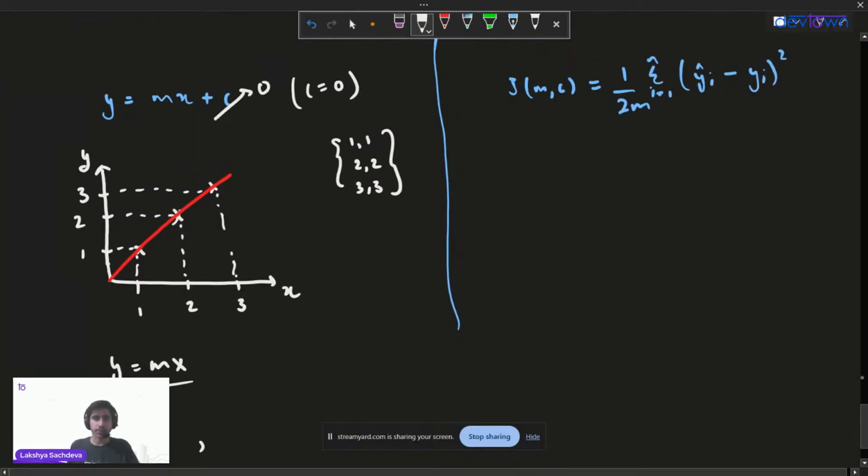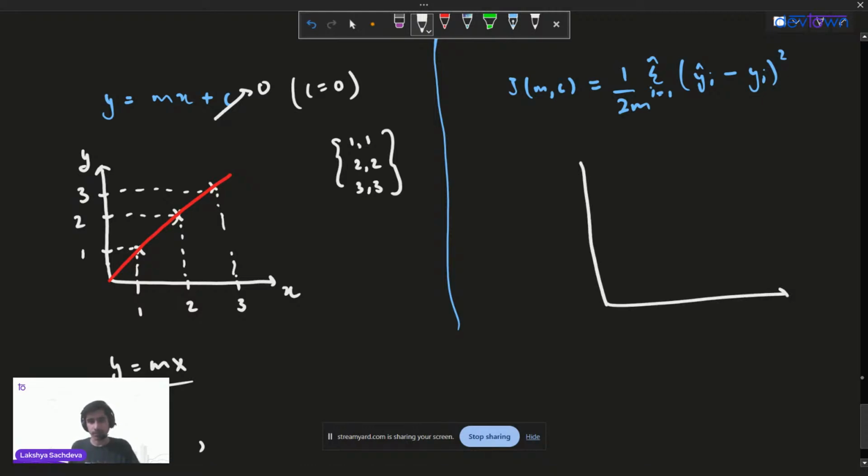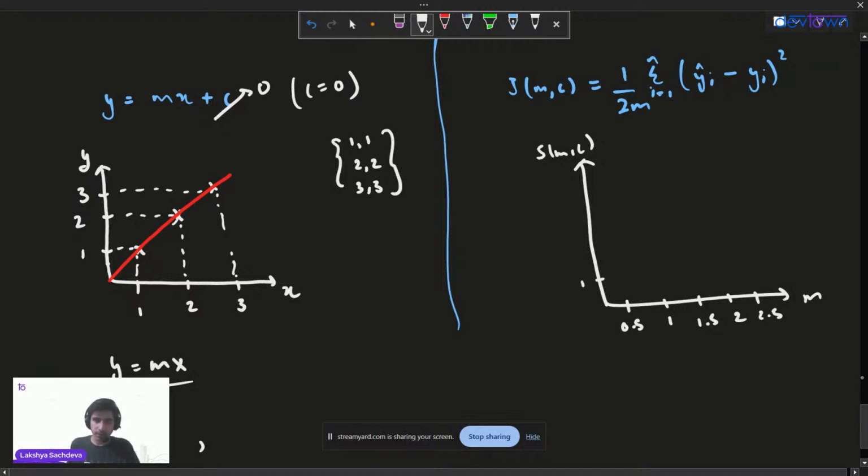So for the cost function, I'm also going to draw a graph. This graph will be for the cost function. In this, I will take m comma c on the x-axis, with values like 0, 0.5, 1, 1.5, 2, 2.5, and on the y-axis I will take 1, 2, 3, 4, and 5.